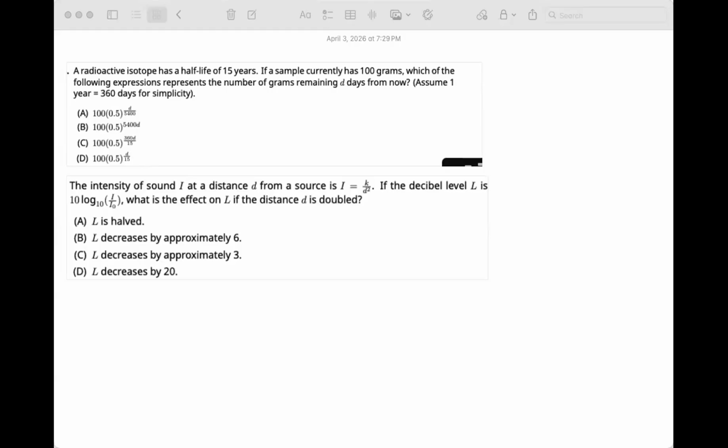Effect on L if the distance d is doubled.